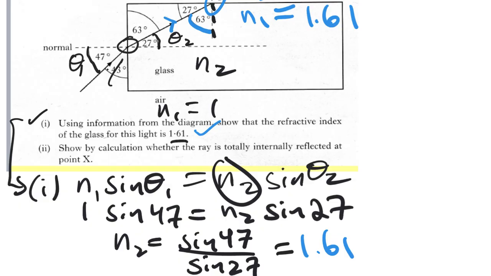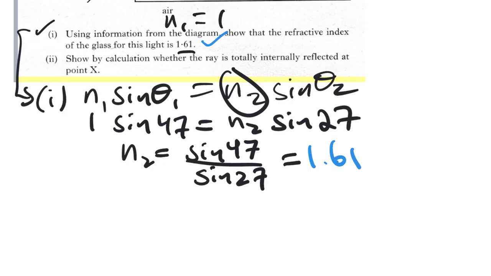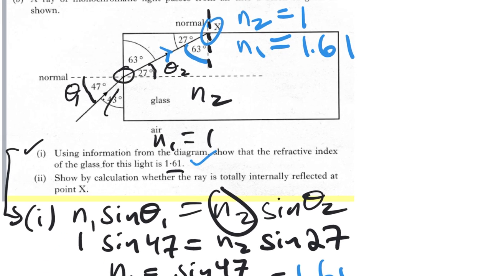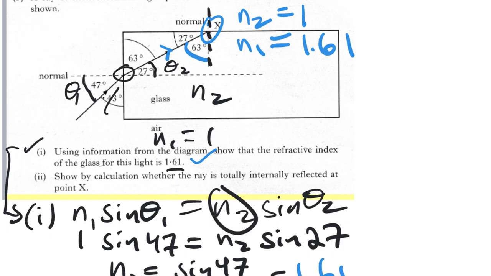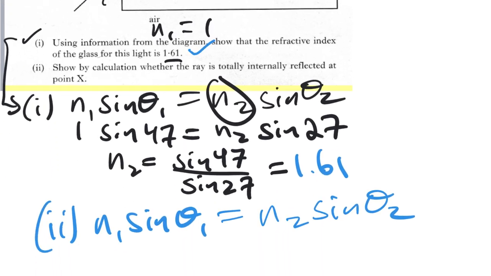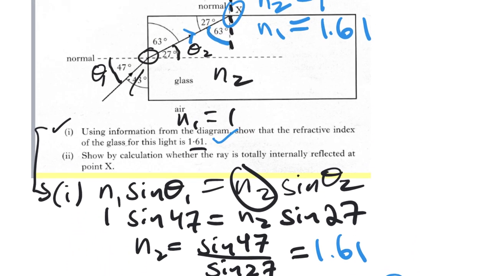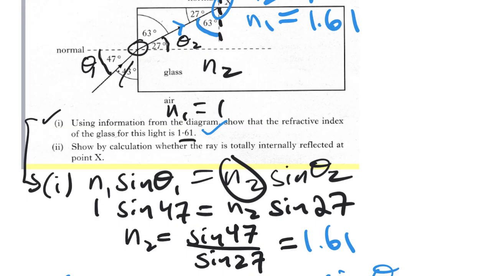Okay, so I'm going to just repeat what I just did with Snell's law. N1 sine of theta 1 equals N2 sine of theta 2. But I switched around the Ns, which I just like to do. So 1.61 times sine. Okay, now this isn't going to get me anywhere.